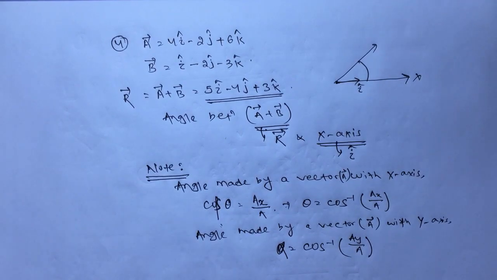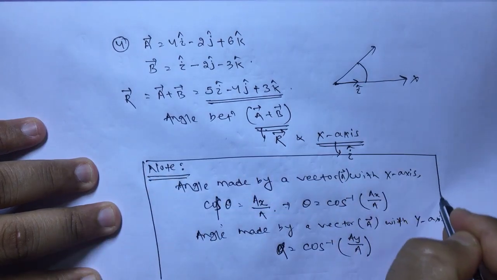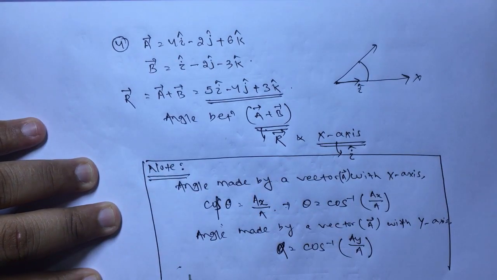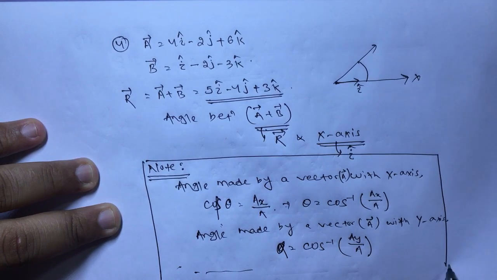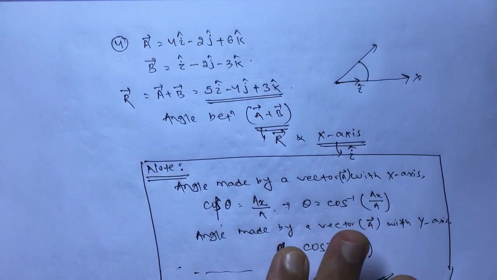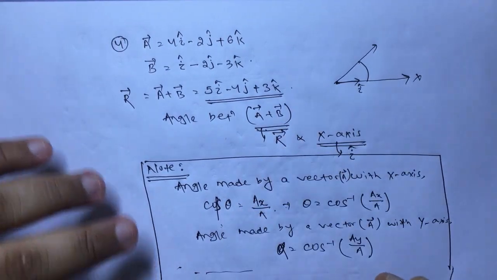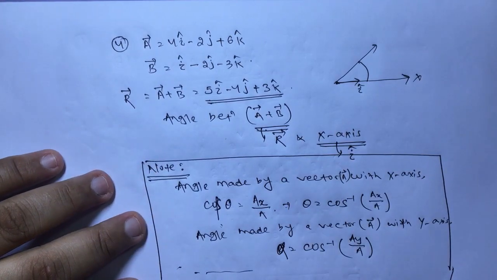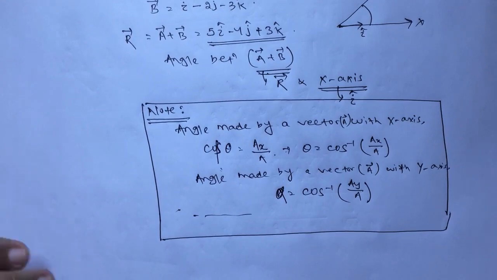Similarly for the z axis you can write. So write it as a note, keep it inside a box, write also for the z axis, and keep all three lines inside a box, and remember this. Let me first solve this answer. If you use this formula, how will the answer come? Let us check that first, then I will tell from where I got these formulas.